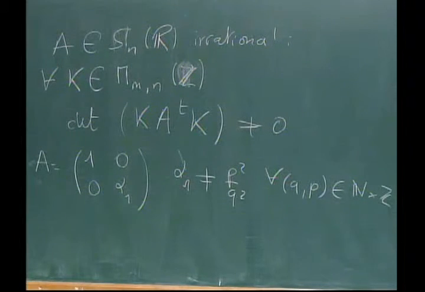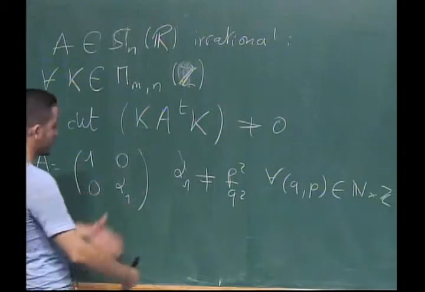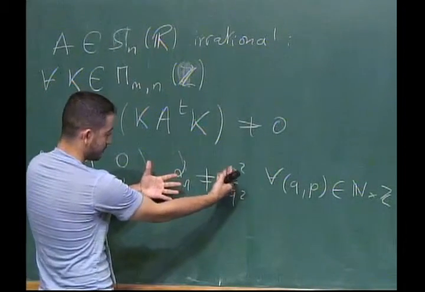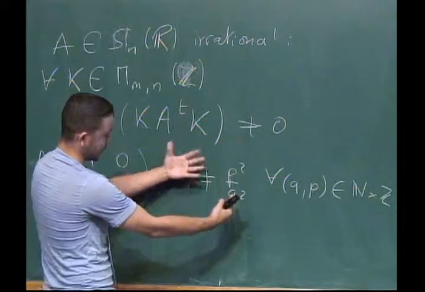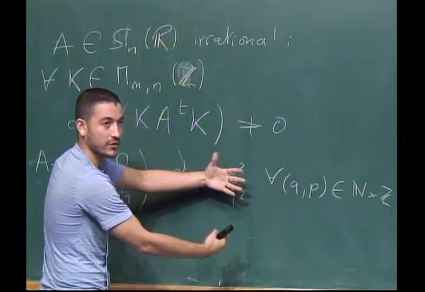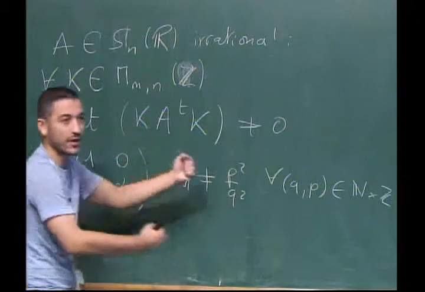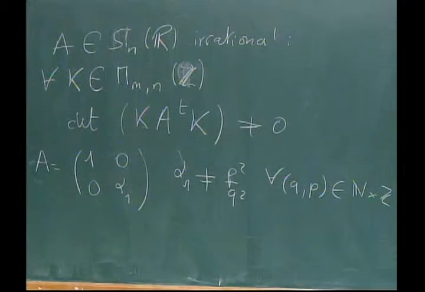In this case, that's what it means. And then a type of Diophantine condition will say that if you are given p over q like this, square of a rational, then you can control the distance of alpha 1 to the square of a rational, not just a rational, but the square of a rational. In this simple case.